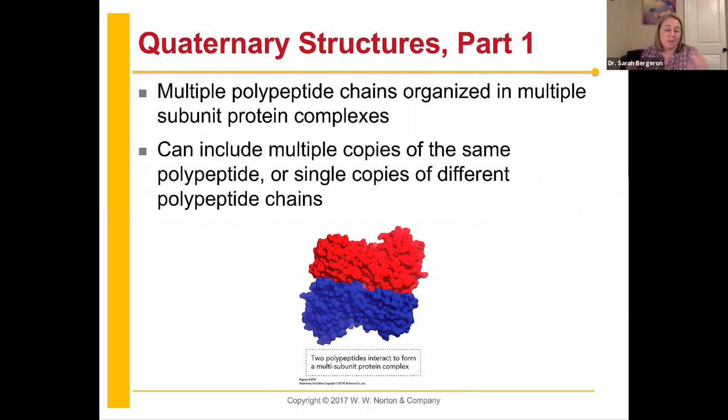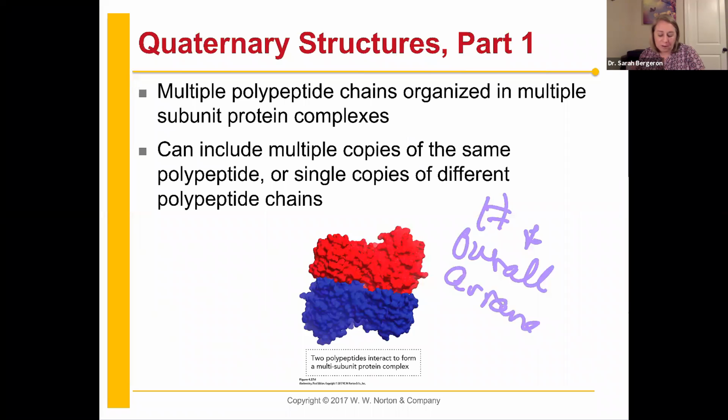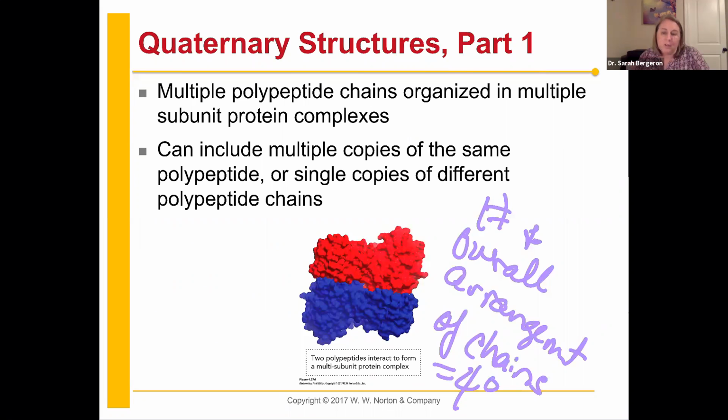And so those different polypeptide chains come from different genes. But the overall number and overall arrangement of the chains is your quaternary structure. So it's how many you have and how they're arranged, and that makes your quaternary structure.